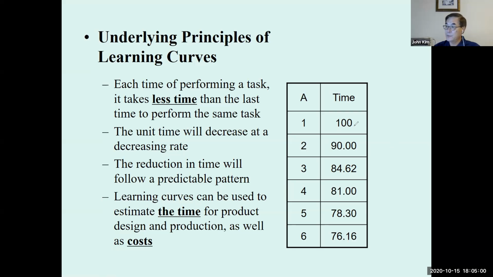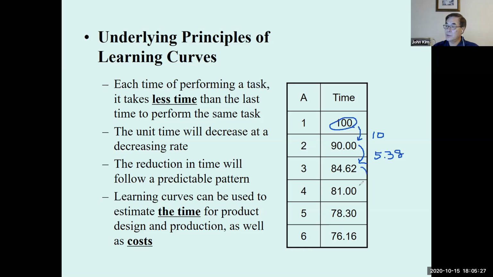So if the first time production time is 100, and the second is 90, then 100 minus 90 is 10. Then from 90 to 84, that is 5.38.